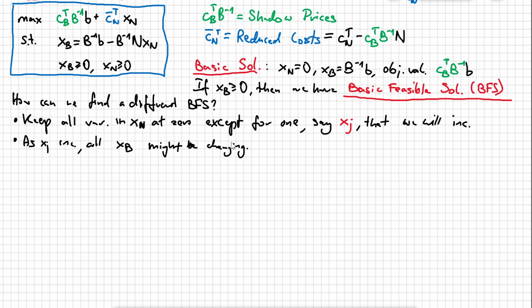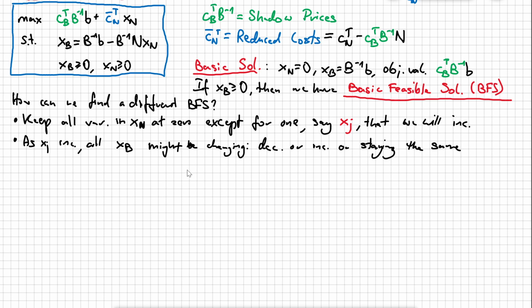All of them might be changing. Now, how are they going to be changing? According to the constraints, right? According to this constraint. So they could be decreasing or increasing, or they can stay the same, right? The same, unchanged.